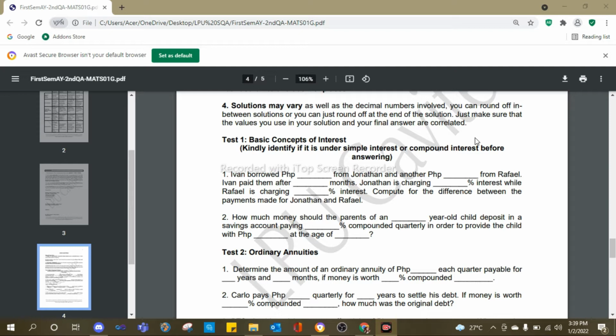Ivan paid them after some months. Jonathan is charging simple interest while Raphael is charging compound interest. You will need to compute the difference between the payments made for Jonathan and Raphael. So let's go and solve this.